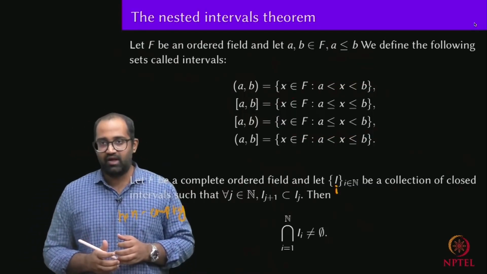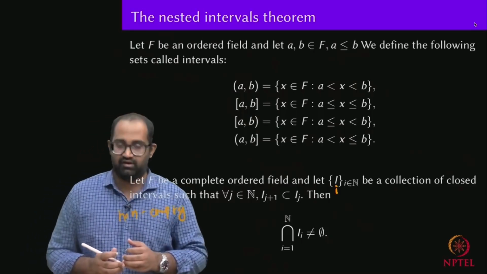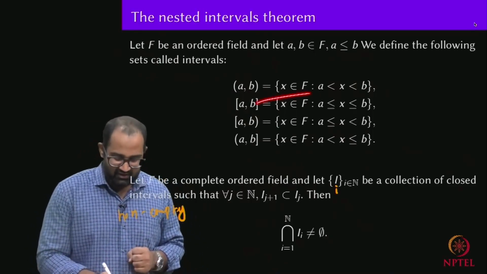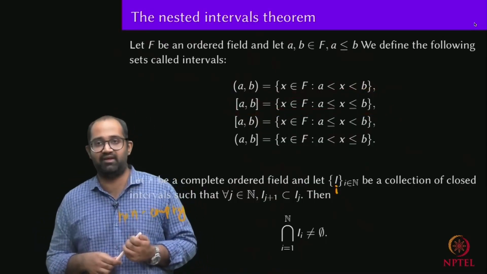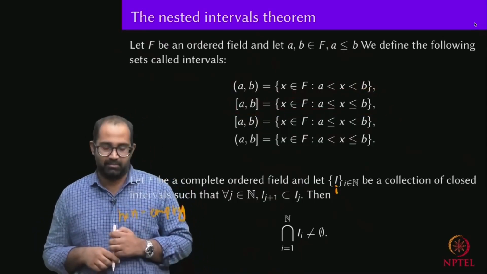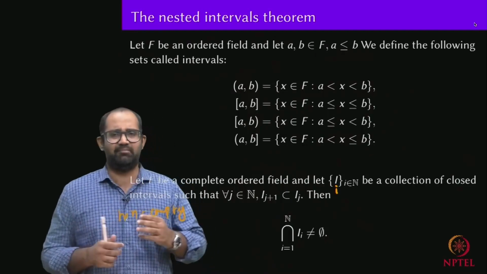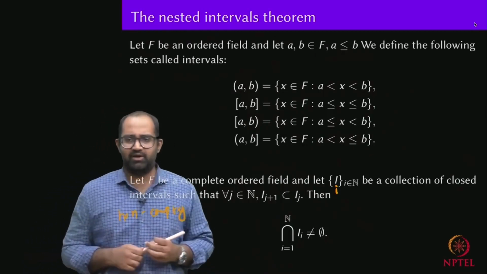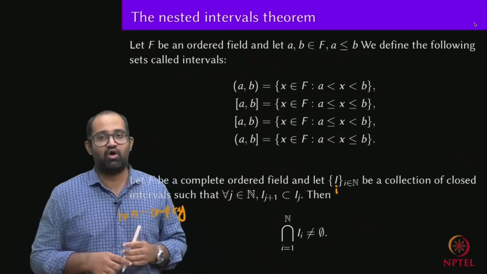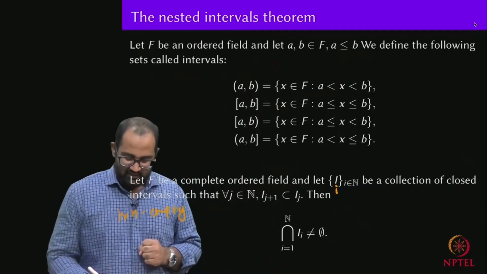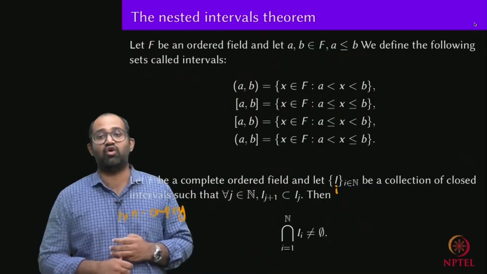Some people explicitly exclude the empty set as a closed interval, but the way I have written it, the empty set can be a closed interval because I do not specify that A is required to be less than B. These are just matters of notation, so do not be too worried about that. We just have to be careful. I am putting non-empty just to be careful. Then the intersection is non-empty.